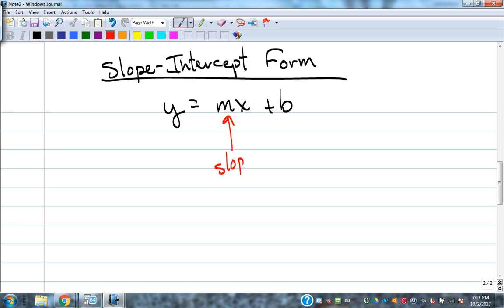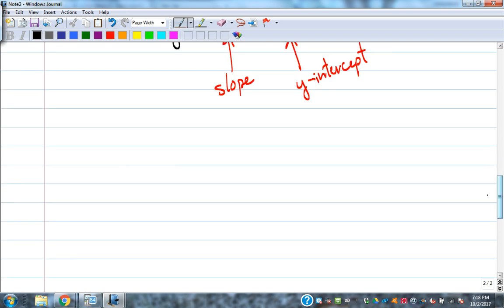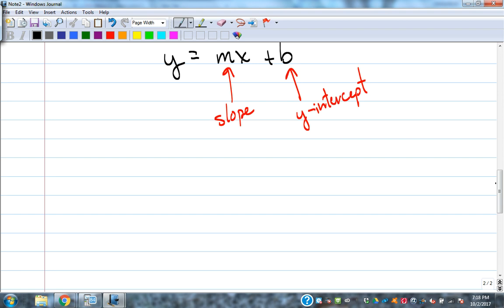M is our slope. B is our y-intercept. We've talked about that a little bit already. What we're going to be doing is building equations of lines in that form. And what I'm going to show you is the fact that you can go from point slope form into slope-intercept form really easily. And if you need to.